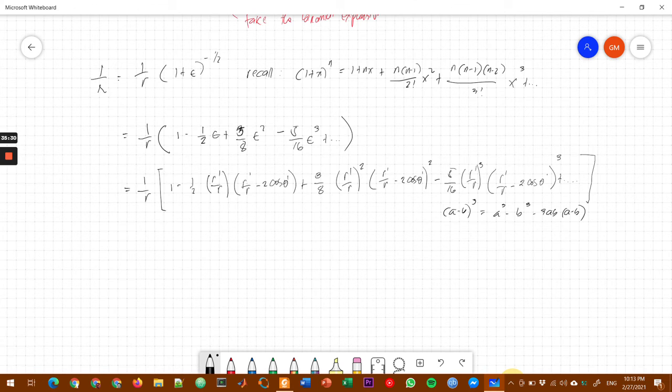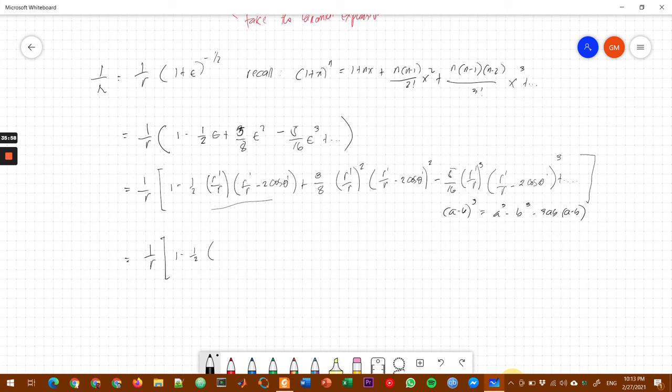Okay? Where A here is R prime over R, B is 2 cosine theta prime. Okay? Let's simplify it further. So we have 1 minus 1 half. So i-distribute niya siya.